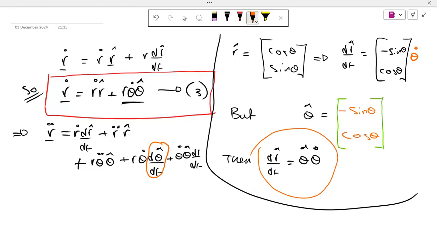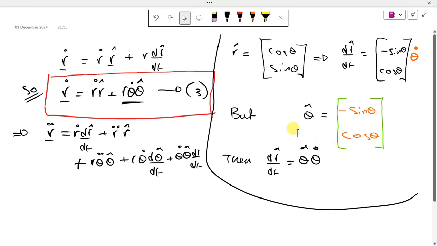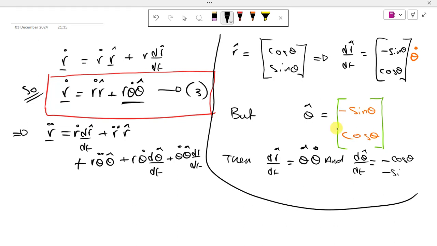Well, that shouldn't be too difficult, because if we just differentiate this theta hat over here, d theta hat by dt is equal to minus cos theta. So that minus sine theta differentiates to give minus cos theta, and the cos theta differentiates to give minus sine theta in brackets.